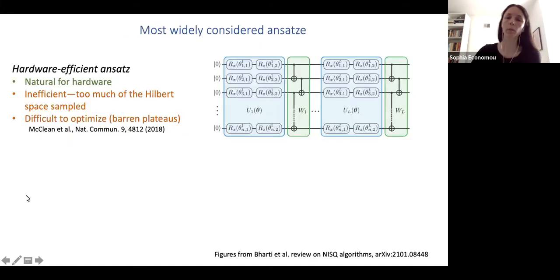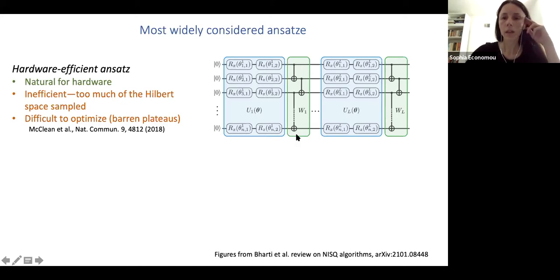So let's see what people are considering in terms of ansatz. So in these IBM experiments I showed you, they took the road of looking into what their hardware can do and going with that, which is a very natural thing to do. So there they parameterize all the single qubit gates and layers as shown here on the different qubits.